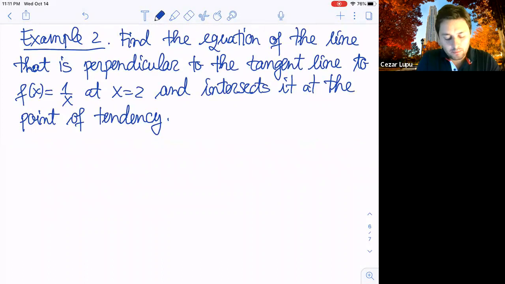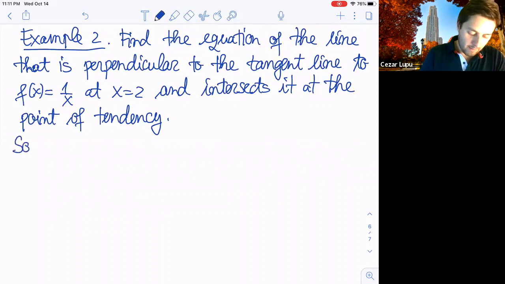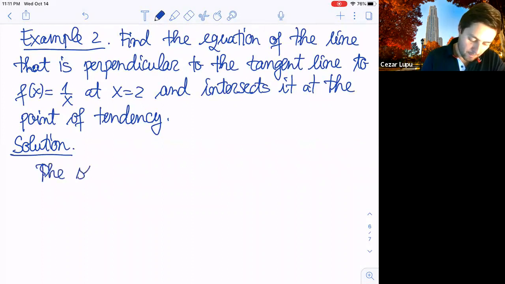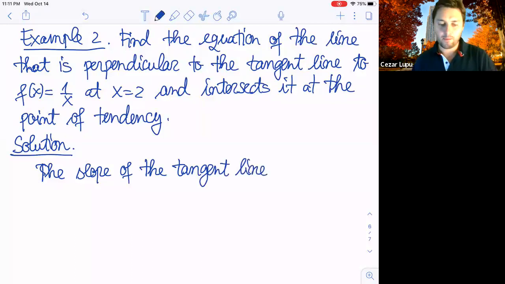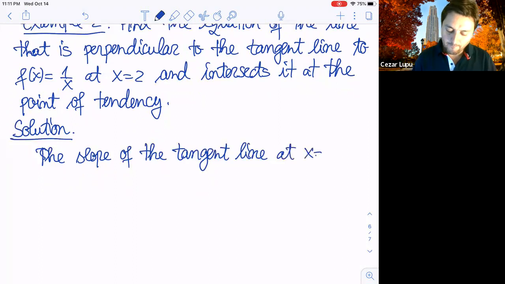All right, so the slope of a tangent line at x equals 2 is nothing else than what we have seen, what we will call the derivative.